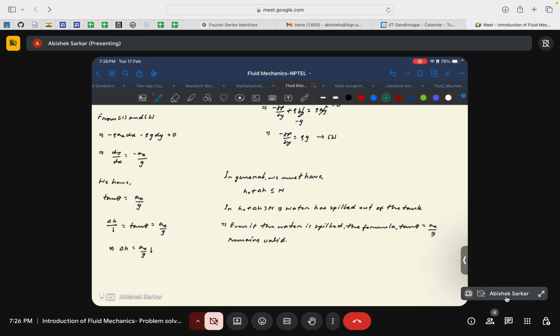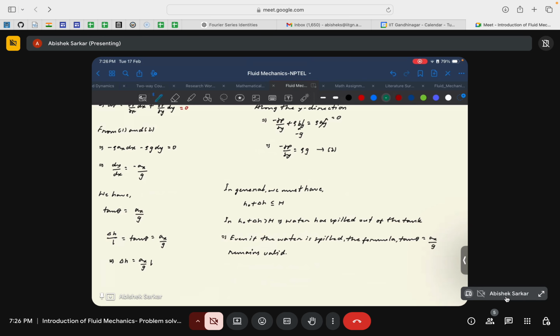If we want to find delta h, if h naught plus delta h, where h naught is the initial height of the fluid, is less than the height of the tank, then the fluid will not spill out. But if h naught plus delta h is greater than h, then the water may spill out.